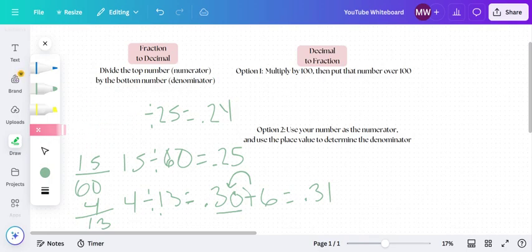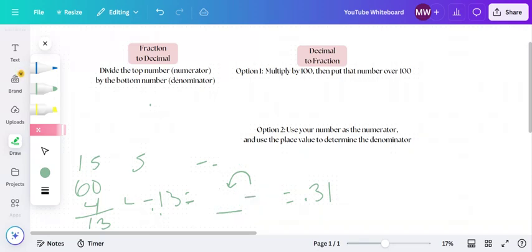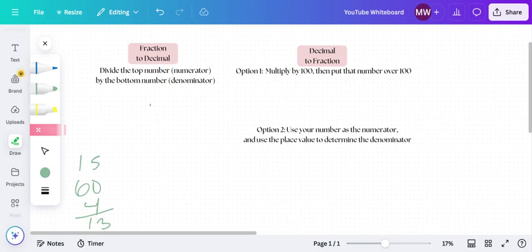So then we can switch over and worry about converting from decimals to fractions. When we were doing fractions to decimals, we were dividing. So when we go from decimals to fractions, we can use multiplication to help us. We actually have a couple options when we go from decimals to fractions, so we'll explore both.